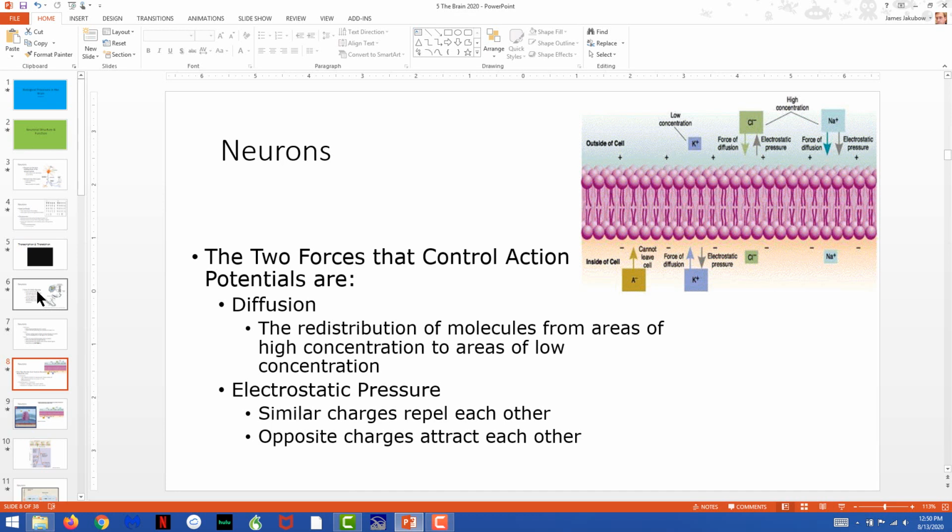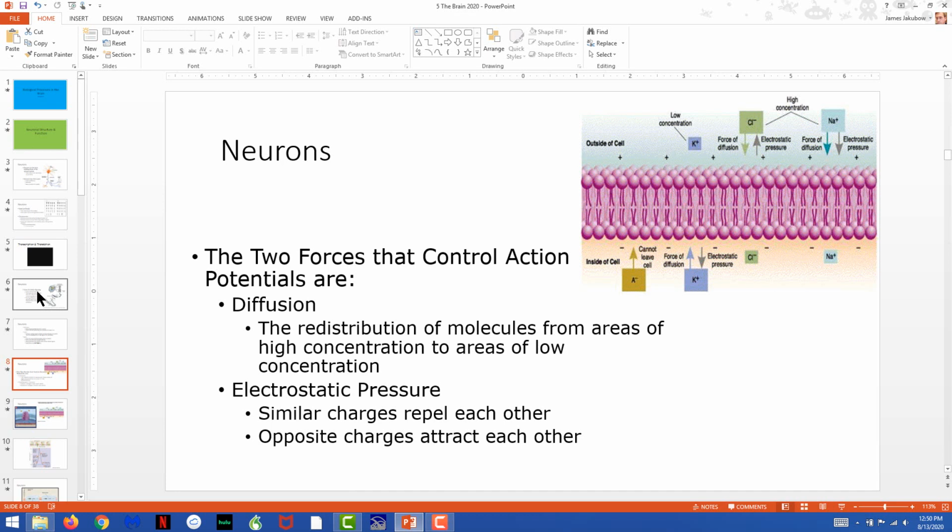So in terms of diffusion, there is an attempt to move the distribution of large concentrations to areas of smaller concentrations so everything becomes equal. And then there's also electrostatic pressure, in which case the charges that are equal are repelling each other and the opposite charges are attracting each other.